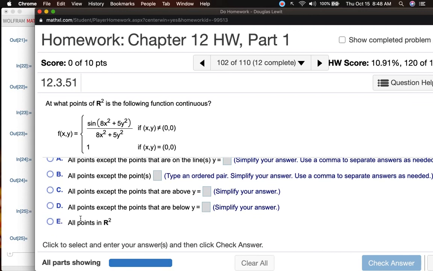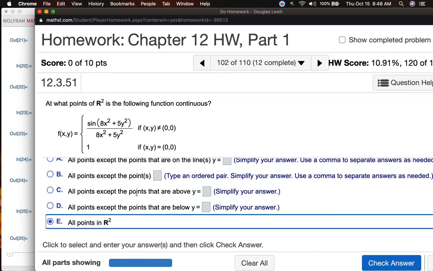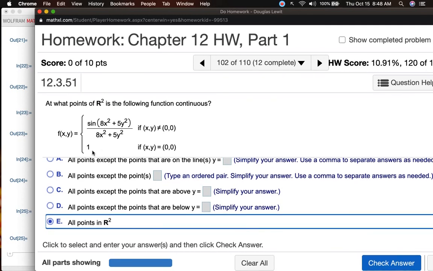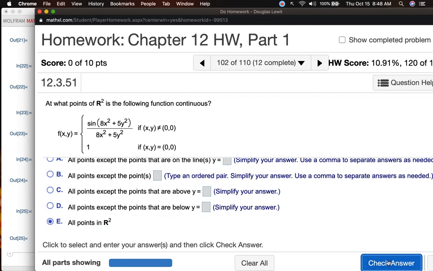So the answer is all points in R2, and the reason is because there is no discontinuity in this function. The limit is the same as the function value. So there is no discontinuity in this function.